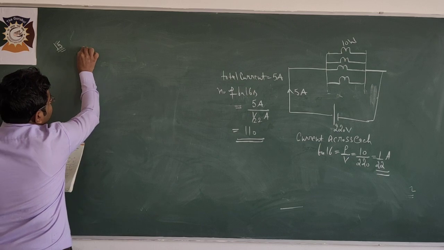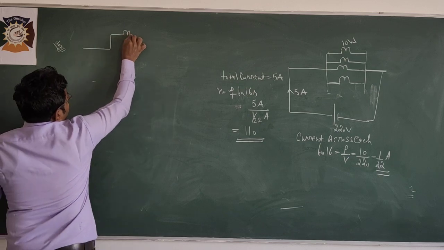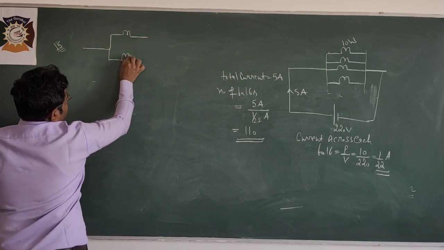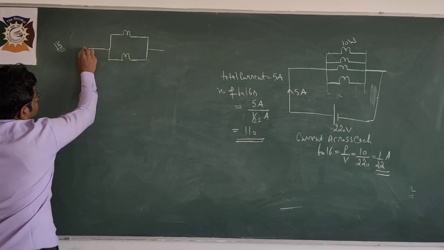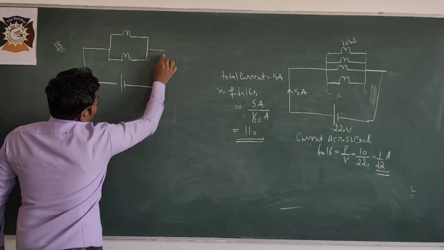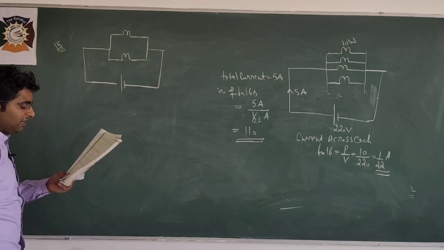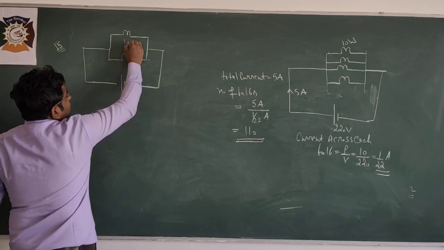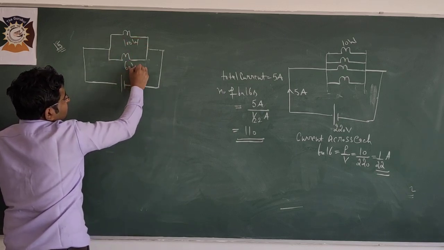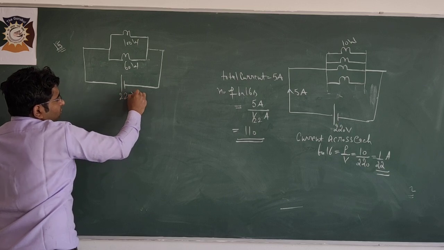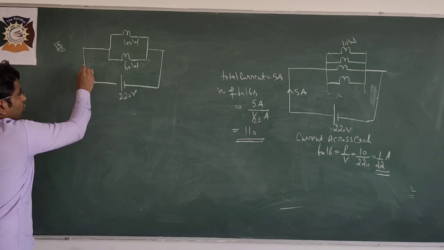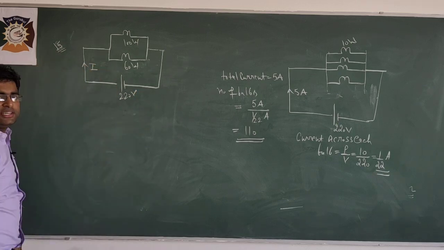So students, one bulb has a rating of 100 watt, the second has 60 watt under 220 volt. Total current you have to tell.